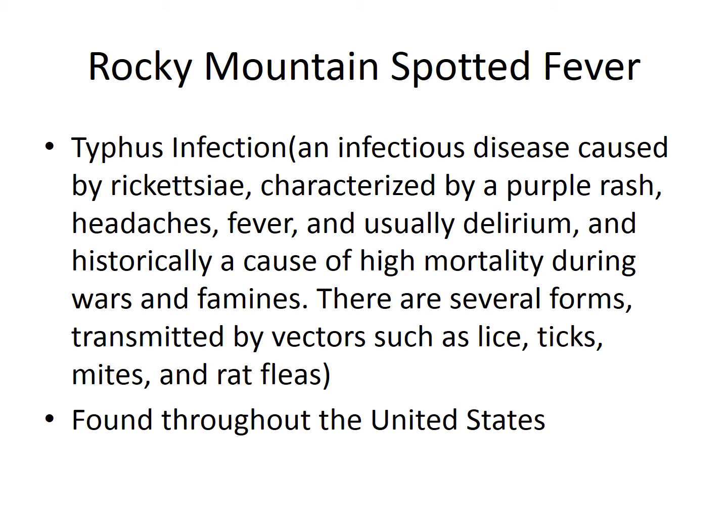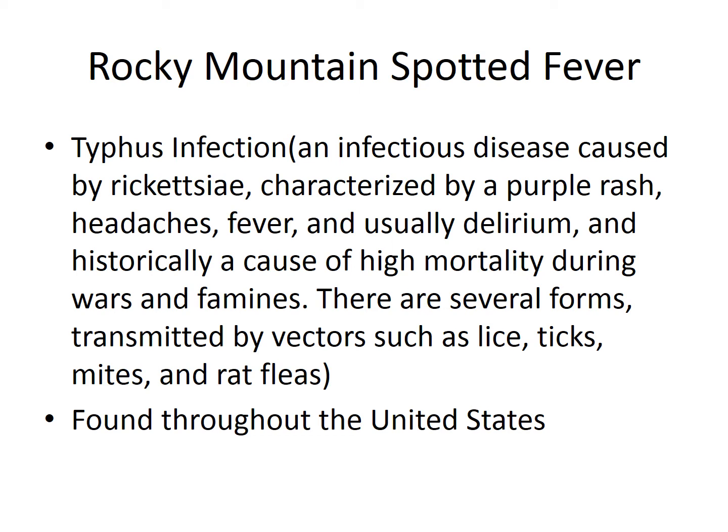There are several forms of the typhus infection, and they are usually transmitted by a vector, and vectors such as lice, ticks, mites, rat fleas. Rocky Mountain spotted fever is found throughout the United States.